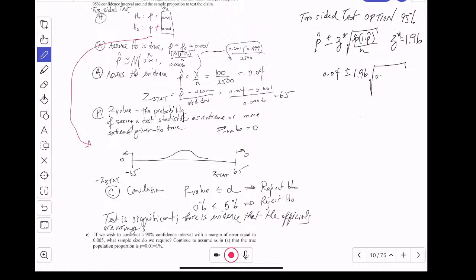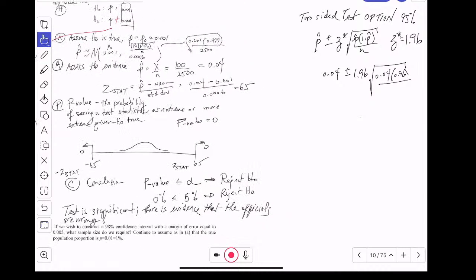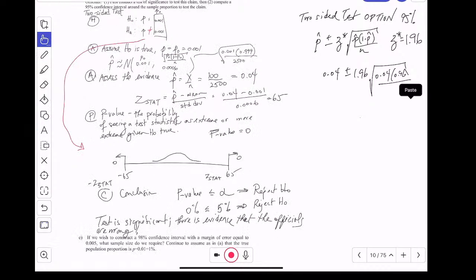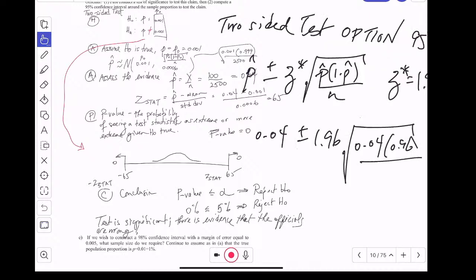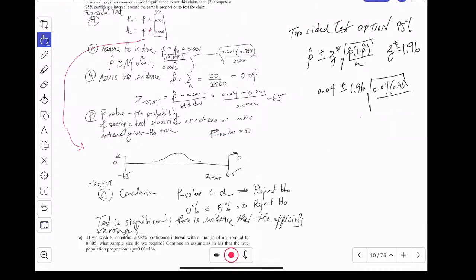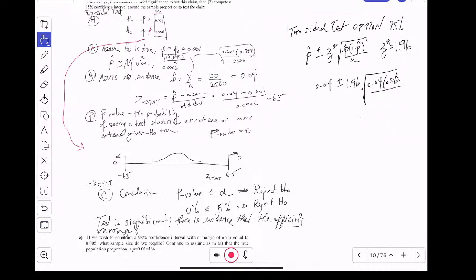No, I only calculated it for the p naught scenario. So I have to calculate it. So 0.04 times 0.96 divided by, let me zoom on this. That's not going to work. I'll join them.